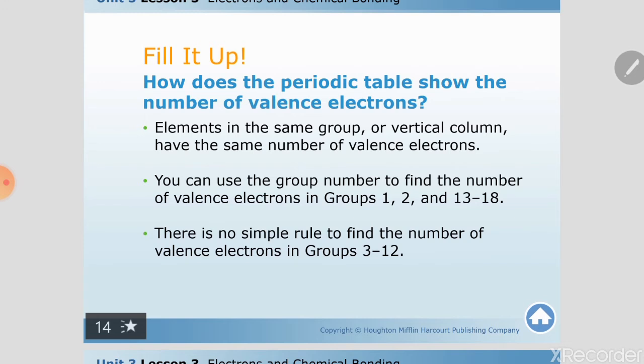There is no simple rule to find the number of valence electrons in groups 3 to 12, so we can't depend on the group number. Also, you will learn later how to distribute the electrons to find the valence electrons. This is another method you will learn later.